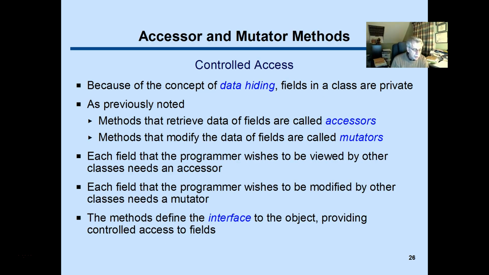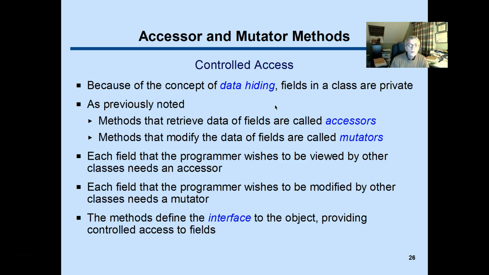Now, the concepts that we've been looking at are very important. The concept of what's called data hiding says that the fields within the class, and hence within the objects that are instantiated from the class, are deemed to be private. They have an access specifier or visibility modifier of private, so they cannot be directly touched or looked at by gaining access to the object itself.